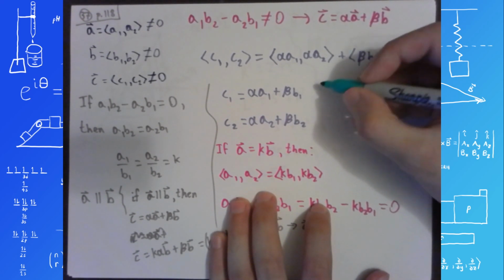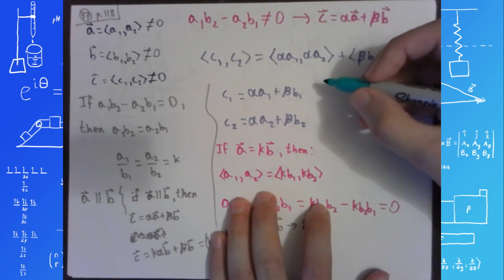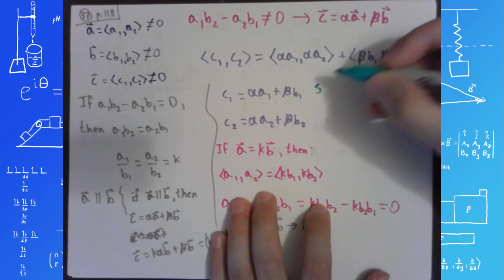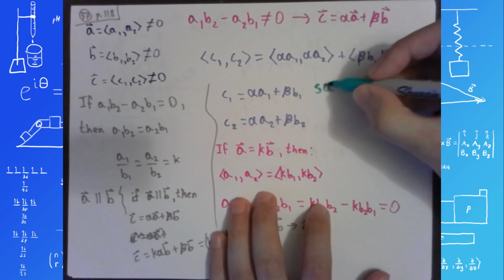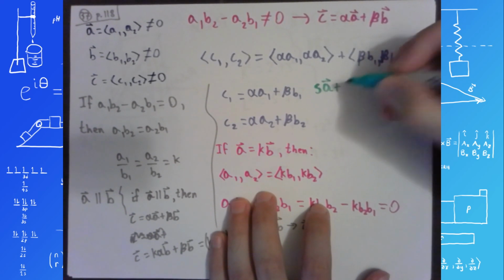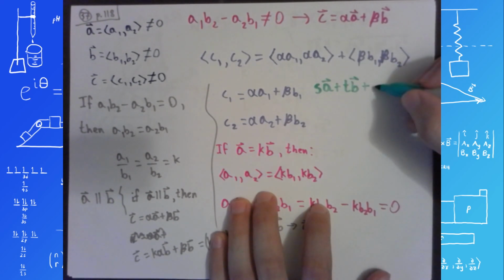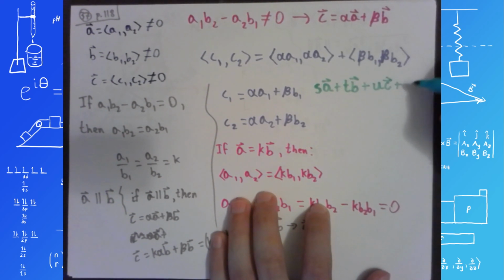Let's say I wanted to make some sort of linear combination of SA plus TB plus UC plus VD.